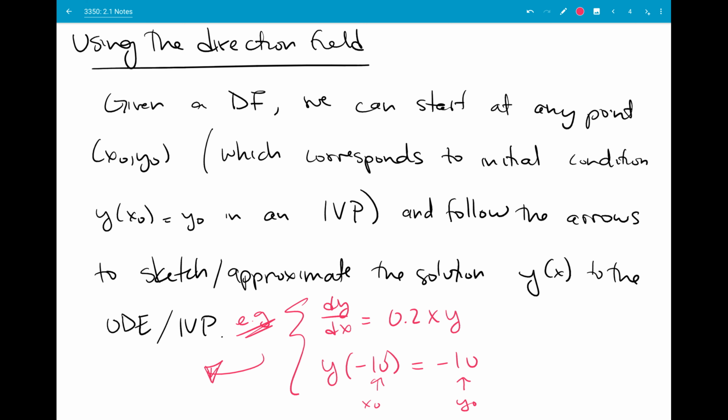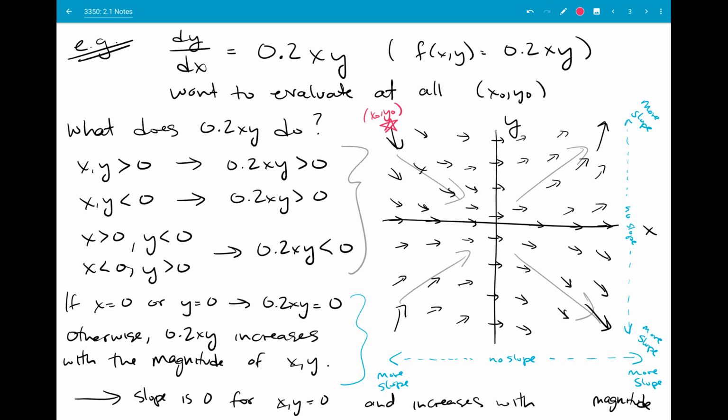So I had this initial value problem with x0 equal to -10 and y0 equal to -10. And so I went to my direction field and I started at x0, y0, -10, -10. That little star is where I started. And all I do is I follow these arrows. So I start right here and I'm kind of following that downward arrow. And then I kind of just follow the next nearest arrow.